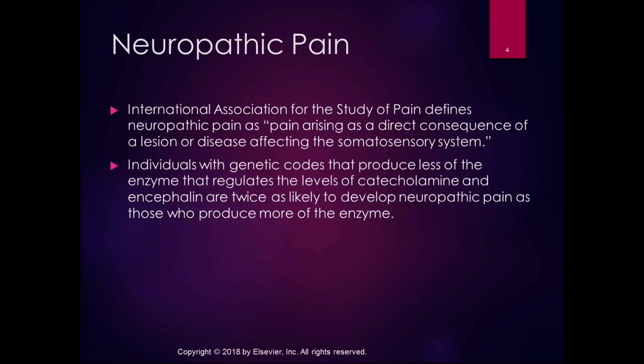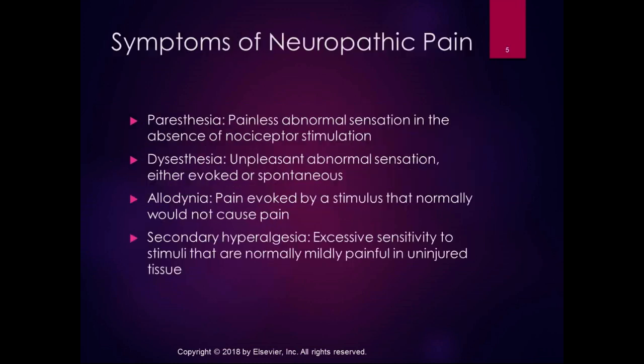So everybody responds differently to pain, and when we have neuropathic pain, it's almost a function of neuroplasticity. It's the changes that occur in our nervous system in response to some of these other things, like different enzyme levels or different things that result in pain. And we'll talk about individual pain syndromes in that light.